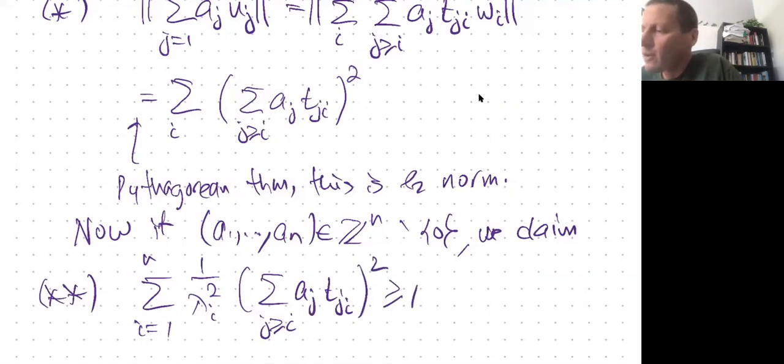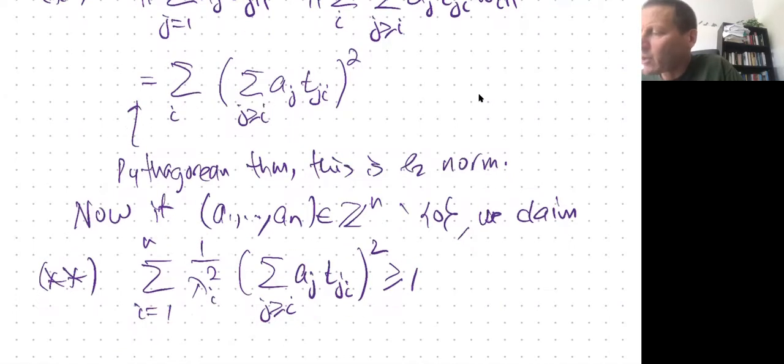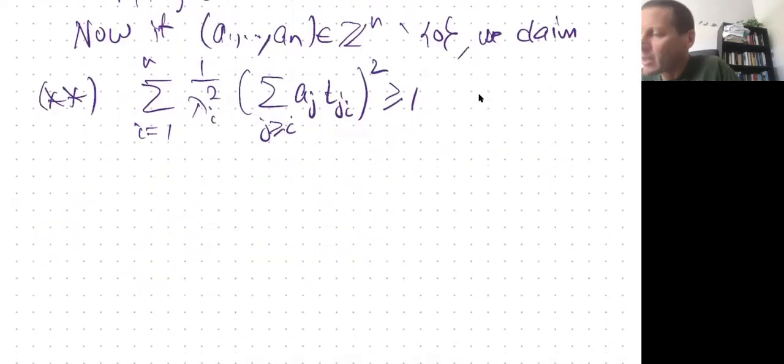These are the same coefficients that appear in the previous formula, and I'm multiplying the ith one by this number, 1 over lambda i squared, and I'm claiming that what I get is bounded below by 1 if the Aj's are not all 0. So let's prove the claim.